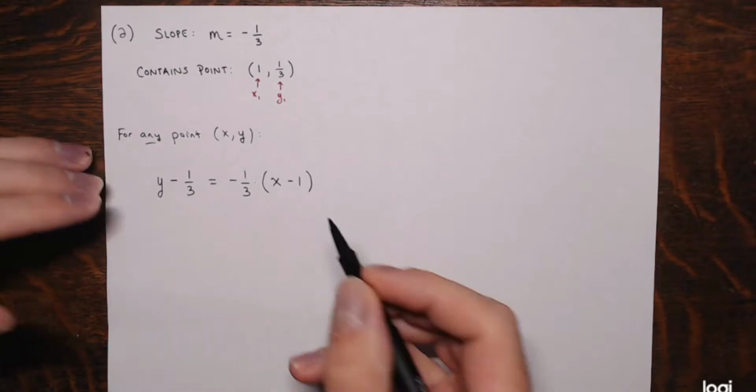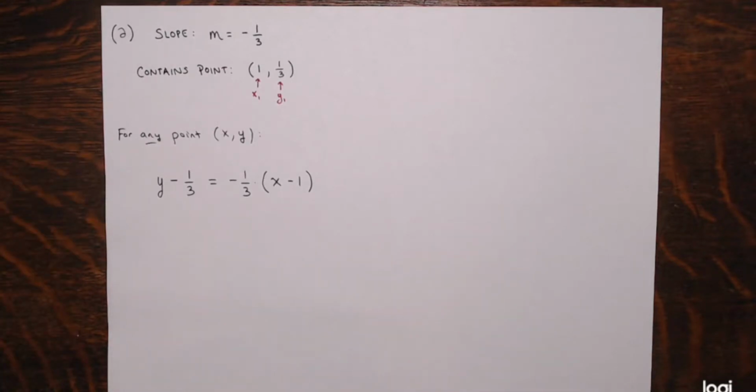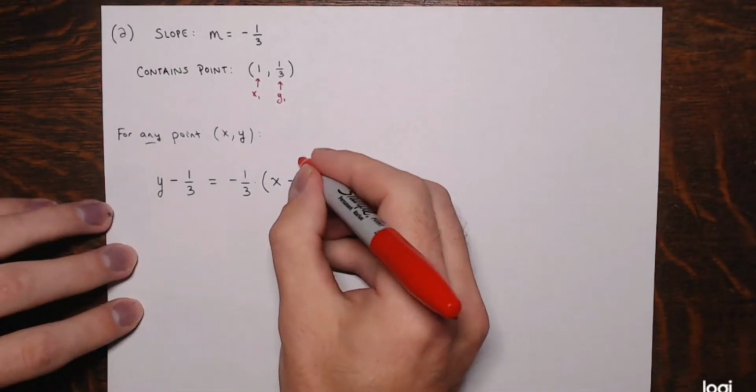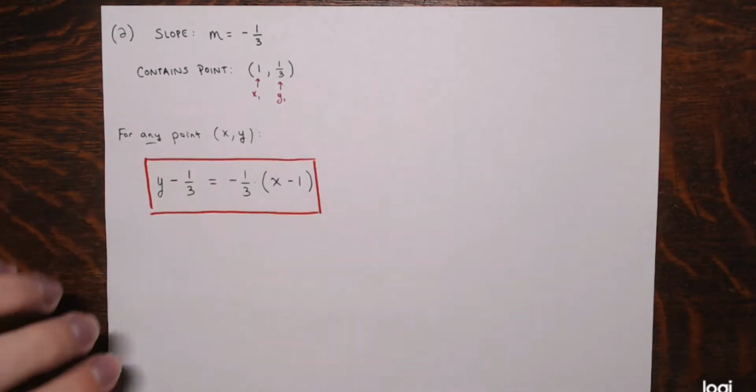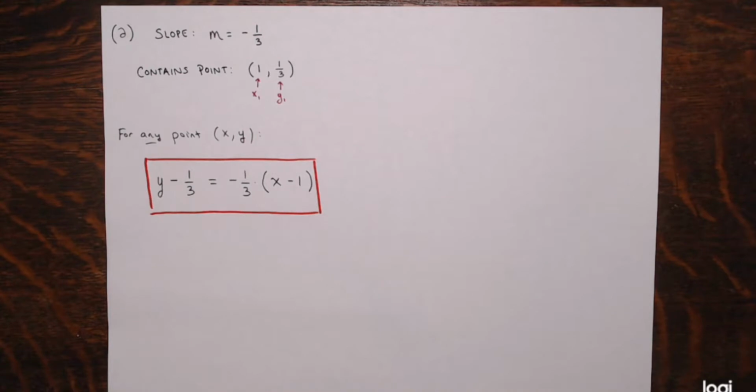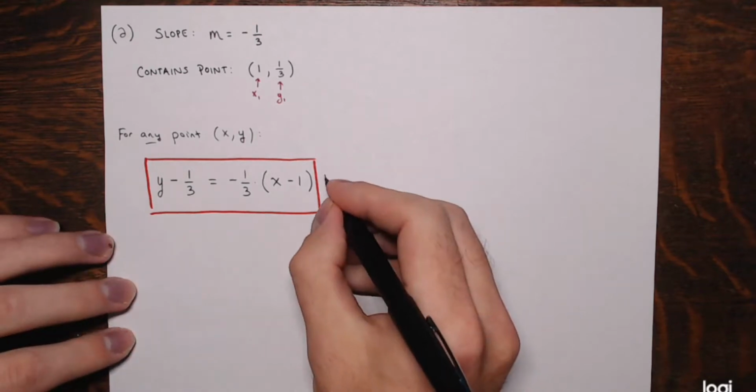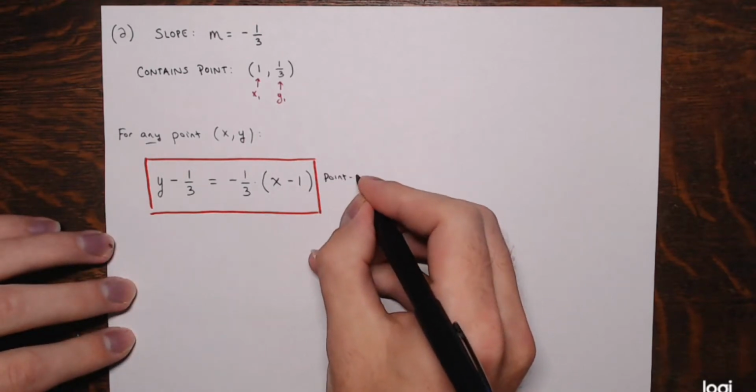And there you go. There's an equation of this line in point-slope form.